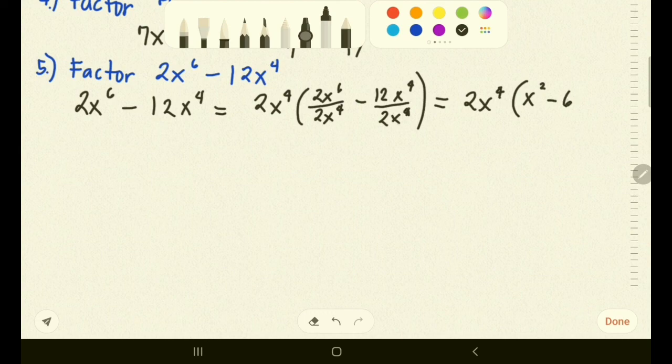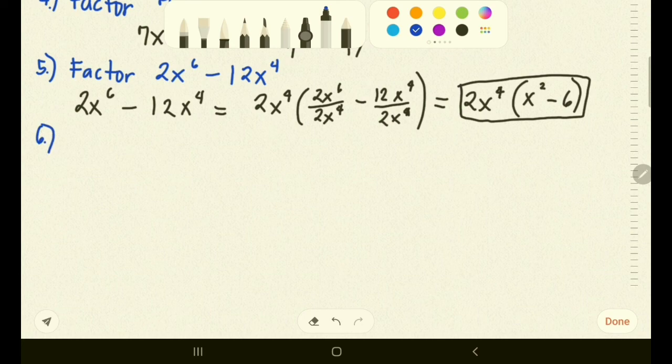And then x to the power of 4 divided by x to the power of 4 is equal to 1, or just cancel it out. So meaning x squared minus 6. Okay, so this is the complete factors of 2x to the power of 6 minus 12x to the power of 4. Okay, let's have number 6.